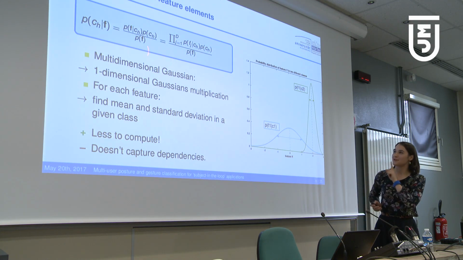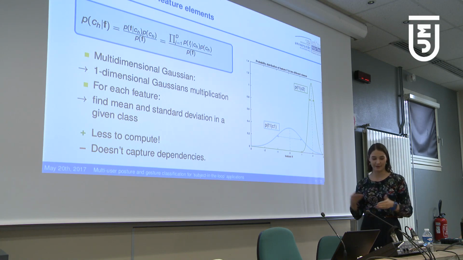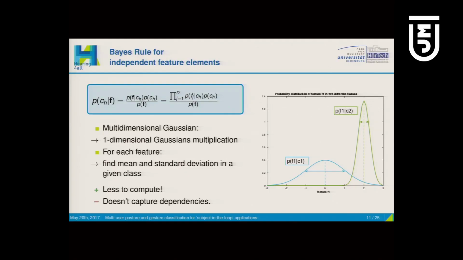So first, why do we make this assumption about independent variables? This is important. Maybe not going into the details, but instead of modeling the whole multi-dimensional Gaussian, for each feature we have a one-dimensional Gaussian, because instead of this multivariate distribution, there is a multiplication of the univariate distributions.